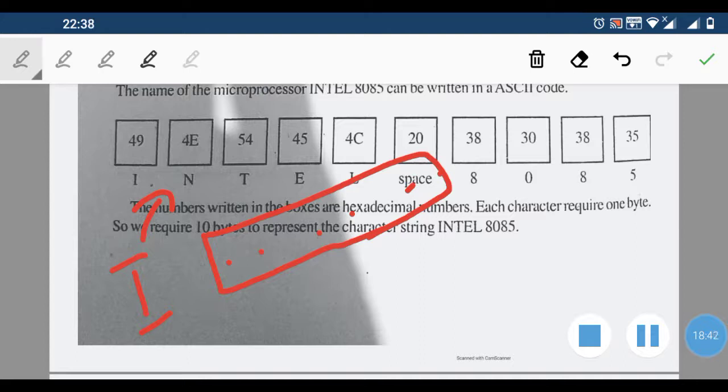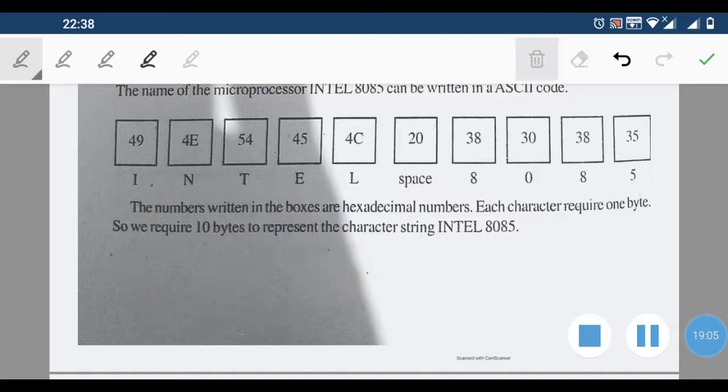The short form of that representation is given here. For 49, the 4 is represented as a 4-bit binary, and the 9 is also represented as a 4-bit binary. So for each character representation we need 8 bits or 1 byte.